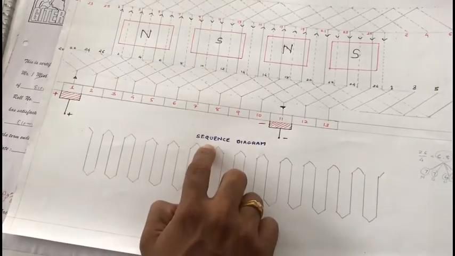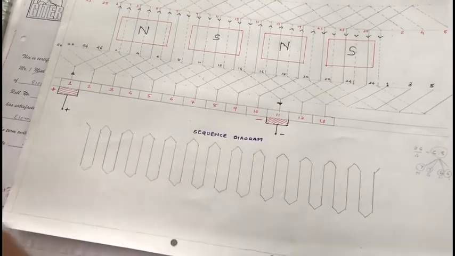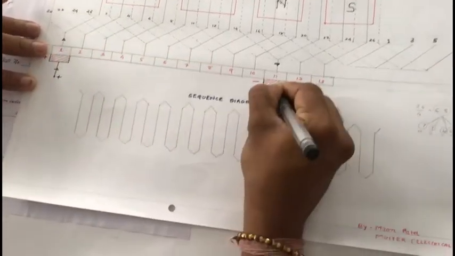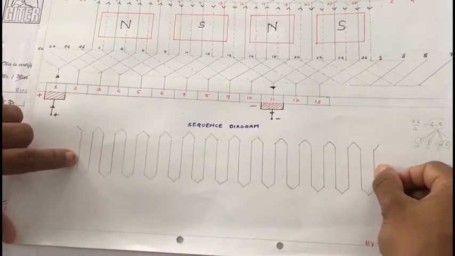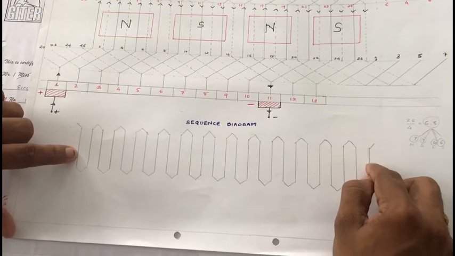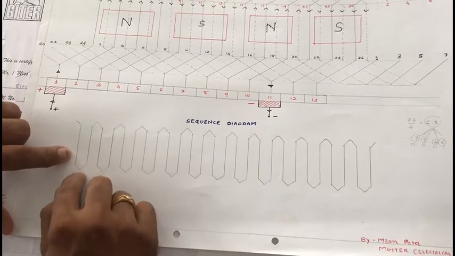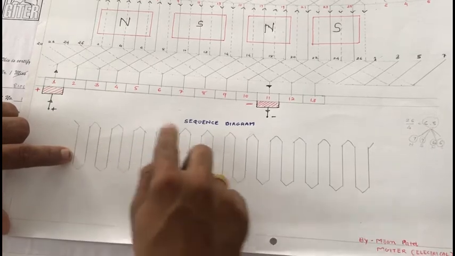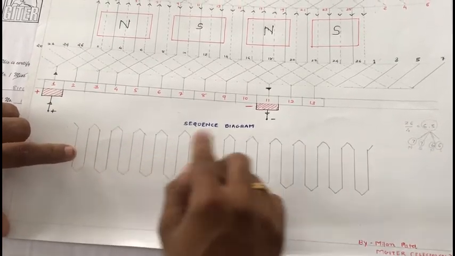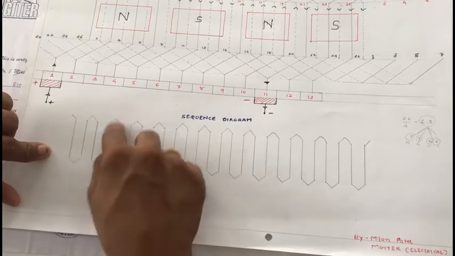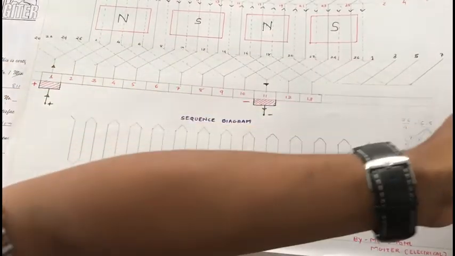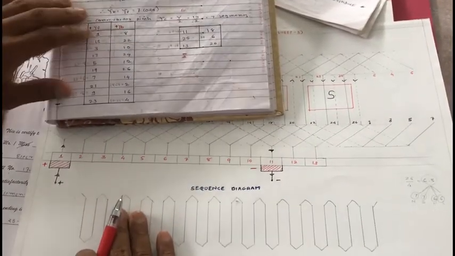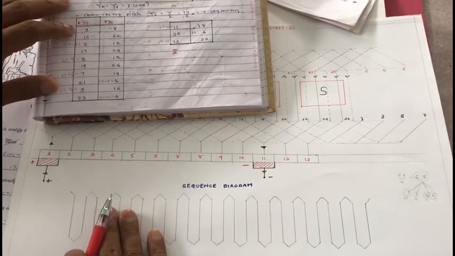Okay, now it's time to draw the sequence diagram. In the sequence diagram, first of all draw all the 26 conductors, and start connecting like this and make one continuous path. Now provide the numbers to the conductors from the winding table.